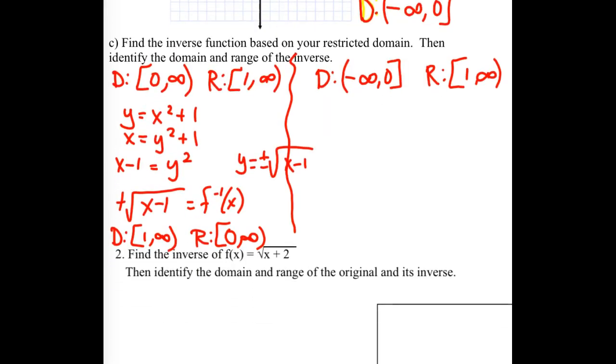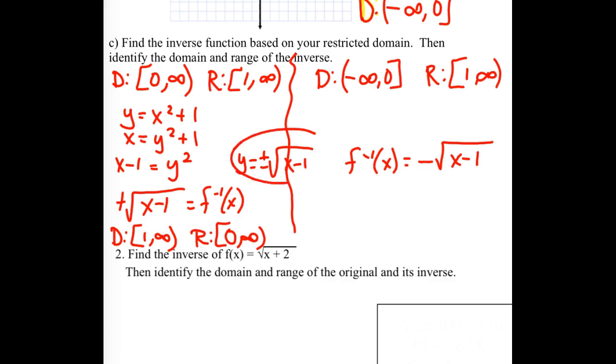So, if we restrict the domain to just the left side of my parabola, all of this is still going to be the same in finding the inverse, but I'm just going to get the negative version of my answer. Does that make sense?